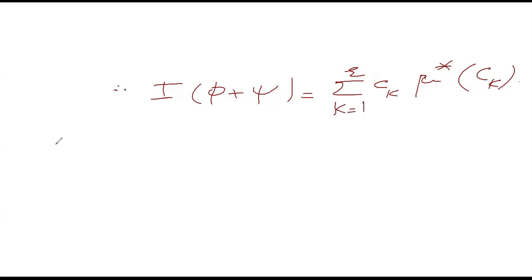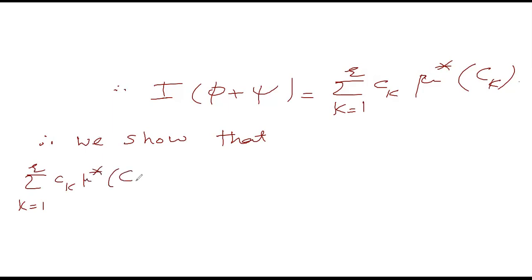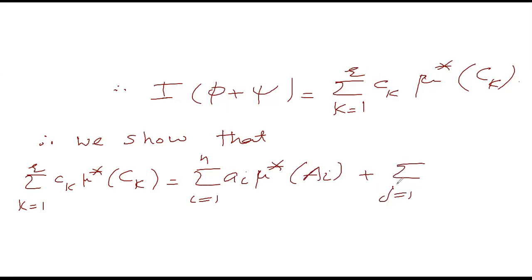Okay, so therefore we show that the summation k runs from 1 to r of c_k mu star of C_k is equal to the summation i runs from 1 to n of a_i mu star of A_i plus the summation j runs from 1 to m of b_j mu star of B_j.